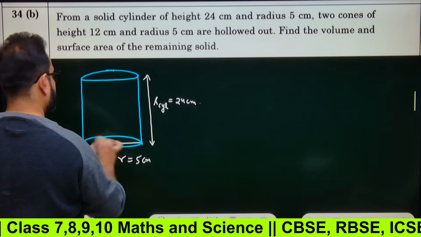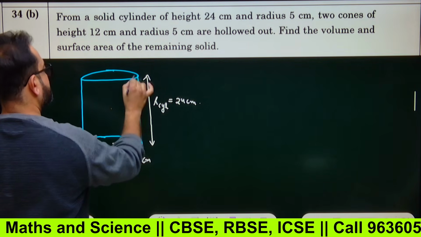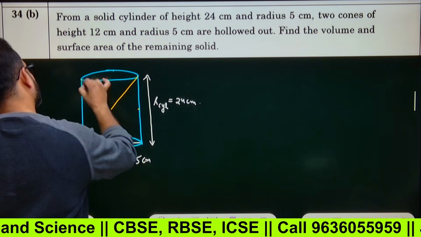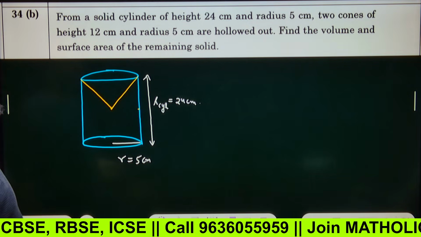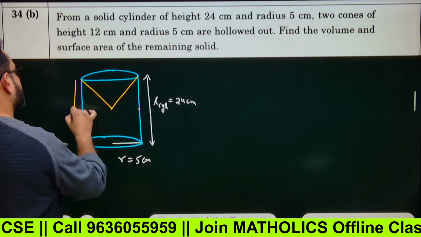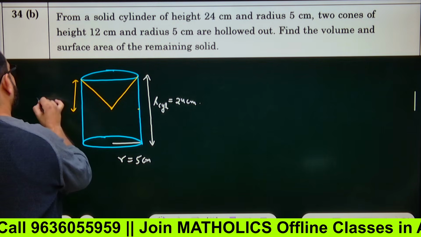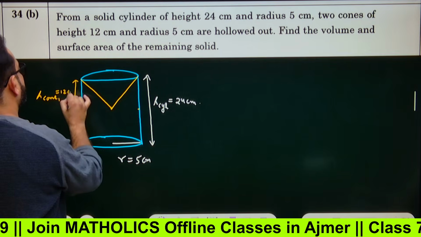Let's say the first height is 12. This is one cone. That means this height of cone 1 equals 12 centimeters.